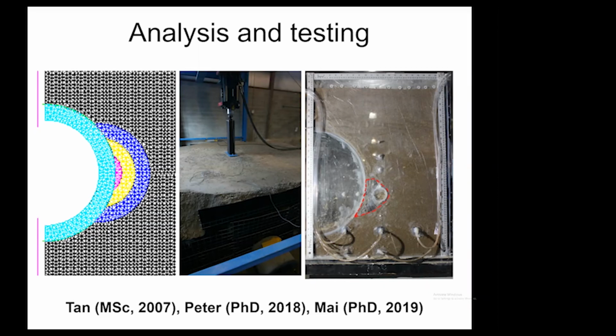That could be a vitrified clay sewer, or it could be a reinforced concrete sewer or culvert. Or on the right, there's a little model experiment. Actually, that's a full-scale pipe that's sitting in this transparent box. And we're able to see the water flow and the process of developing that erosion void.